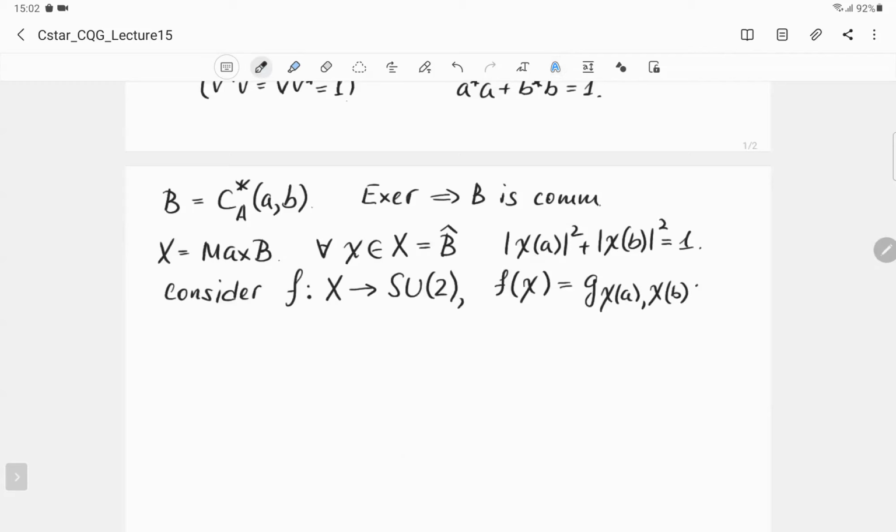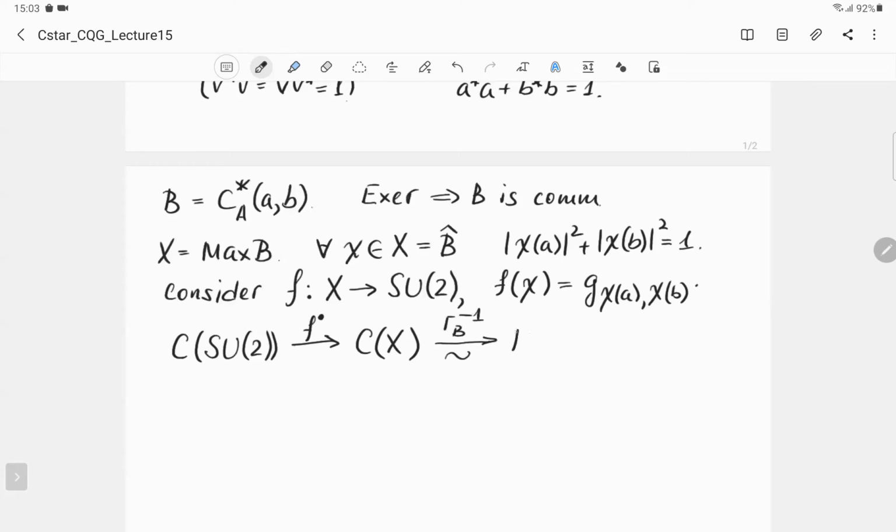So we can consider the induced map, f dot, which acts from the algebra of continuous functions on SU2 to the algebra of continuous functions on X. This is the homomorphism induced by f. Now X is the maximal spectrum of B, and by the Gelfand-Naimark theorem, the Gelfand transform is an isomorphism of B onto C of X. So we can compose this with the inverse of the Gelfand transform.